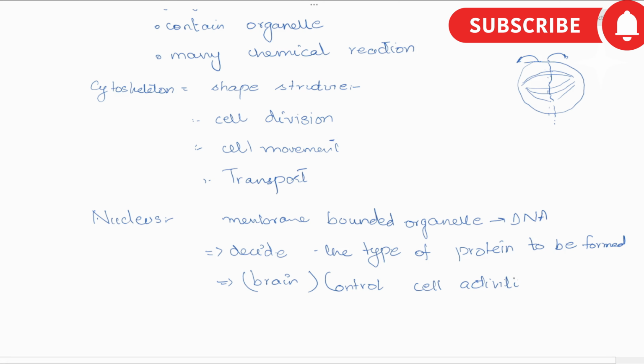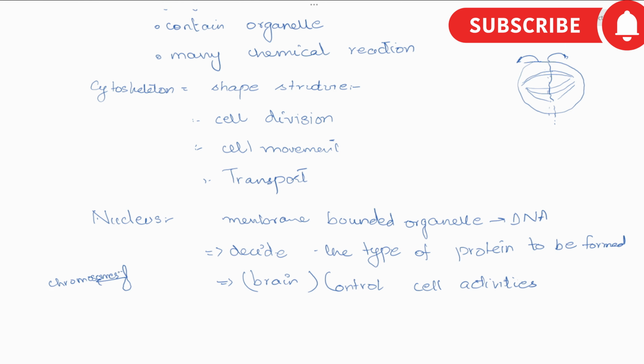Okay. So during cell division, what happens? The membrane disappears, and the nucleus is converted into a very thick thing called chromosomes. Cell division is when one cell divides into two.